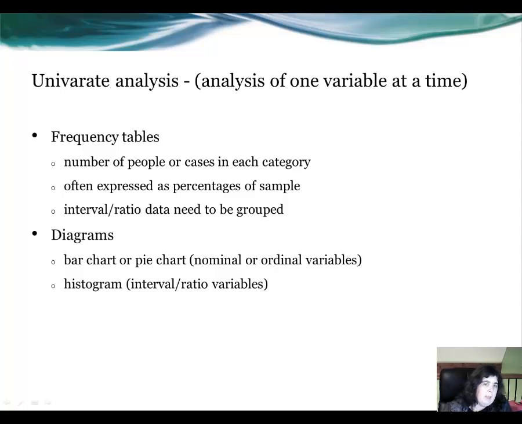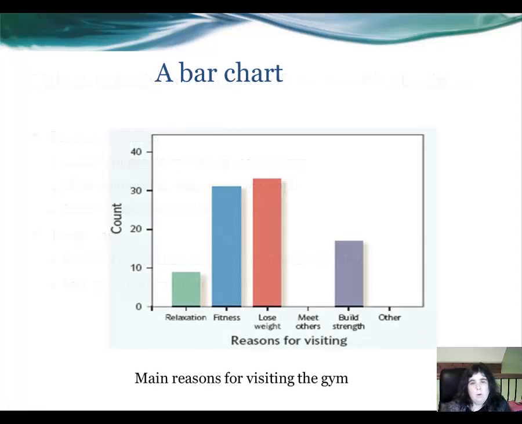We might use a bar chart or a pie chart for nominal or ordinal variables, or where there's a varied list of variables such as an interval or ratio data, we would use a histogram, because there would be 5 or 7 or 9 variables that we're looking at under each category. So what might this look like? This is an example of a bar chart, and there we can see that it's a range of scales to choose from.